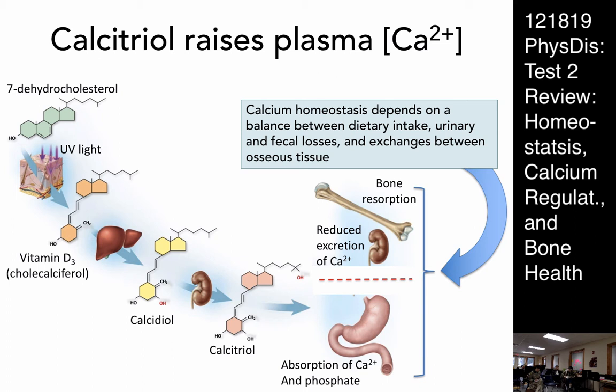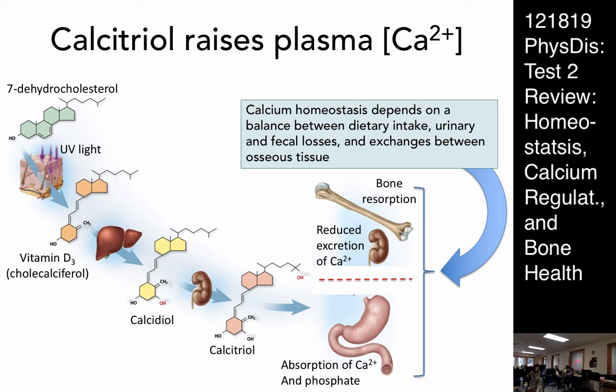Calcidiol is circulating around the body in the blood, and when it gets to the kidney, if there is PTH around, then it gets converted to calcitriol. Calcitriol is the form of vitamin D that is active on the gut.